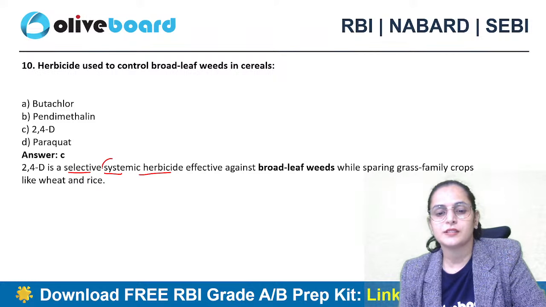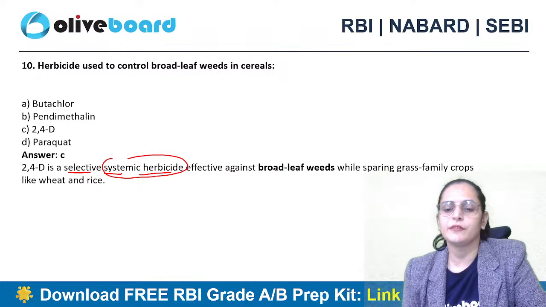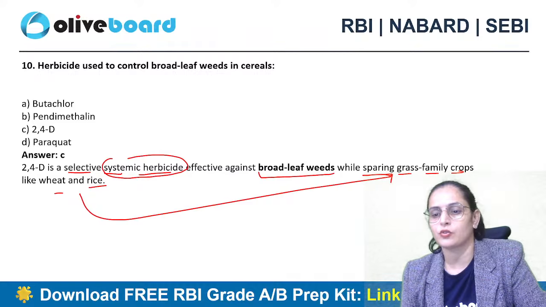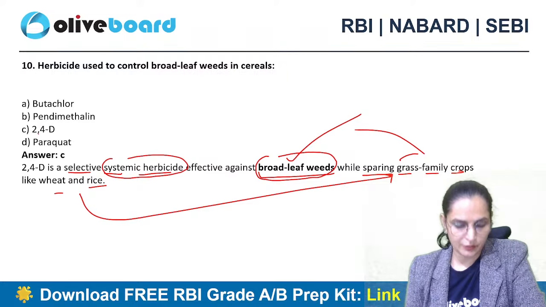Systemic herbicides can destroy the whole plant, through the complete physiology of the plant to which we are applying it. So they are effective against broad-leaved weeds while sparing grass family crops like wheat and rice. They will not impact these grass family crops, and they can effectively act against the broad-leaf weeds. Okay, the right answer will be 2,4-D.